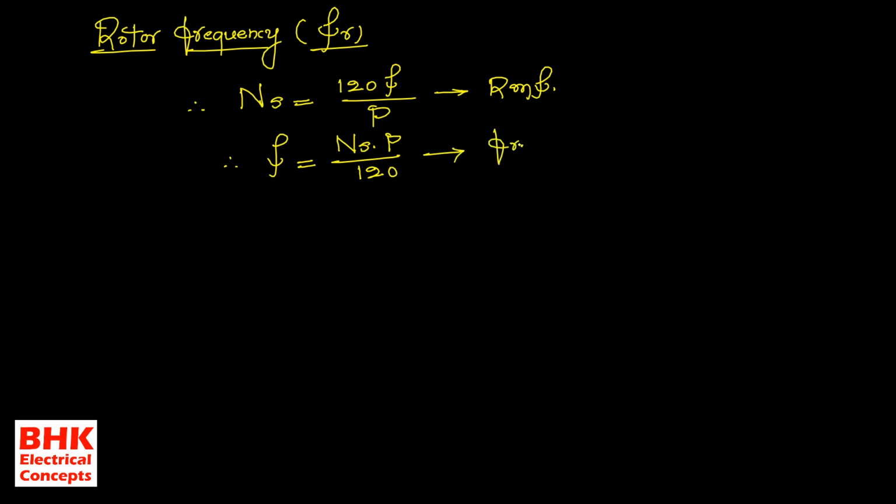This is the expression of frequency. Now we are talking about rotor frequency, which depends upon the standstill condition. Rotor frequency follows the supplied frequency under standstill condition, but does not follow the supplied frequency under running condition.